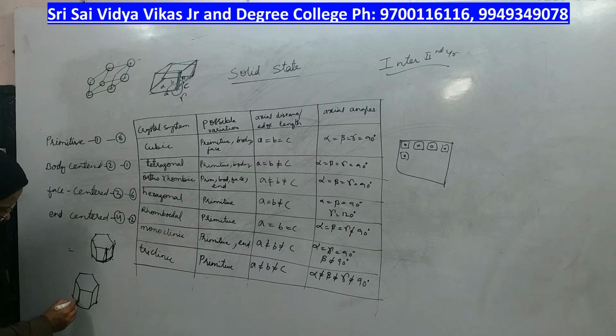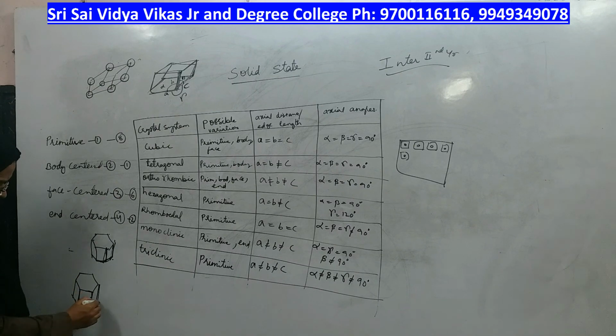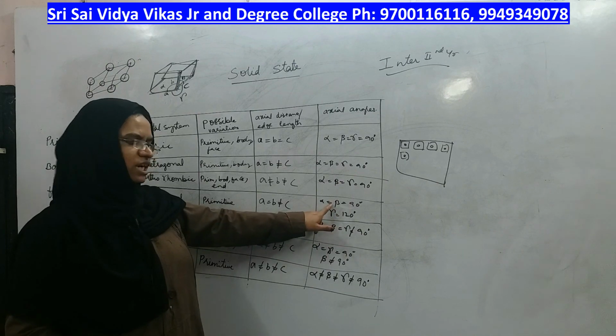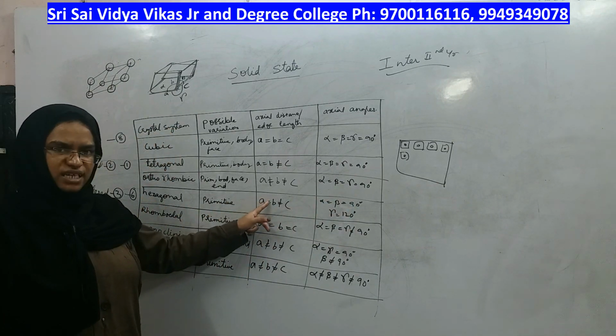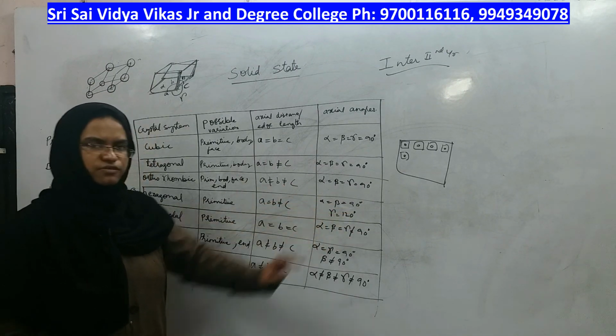See, this angle is 90 degrees only, this angle is 90 degrees only, but the slanting angle is not 90 degrees, it is 120 degrees, right, it is becoming slanting. Therefore, gamma is 120 but alpha and beta are 90 degrees. For hexagonal, A and B are the same but C is different, and alpha and beta are the same and gamma is 120.